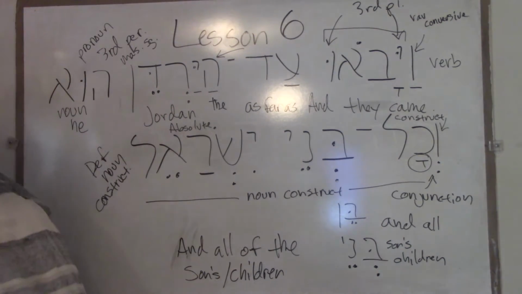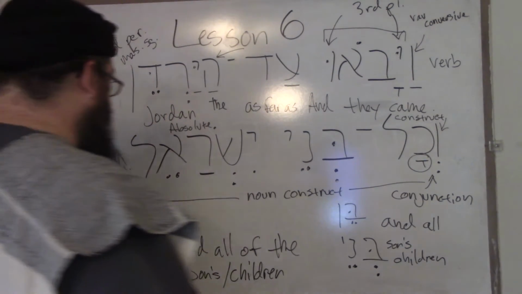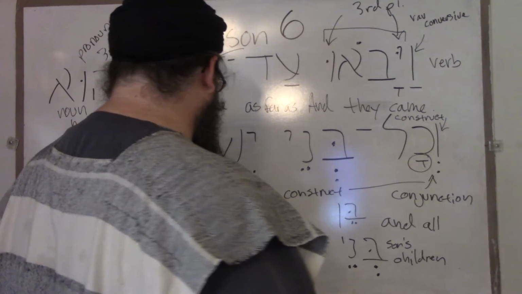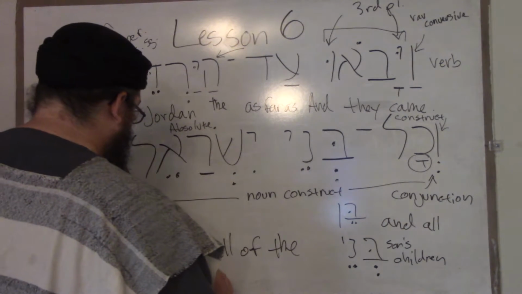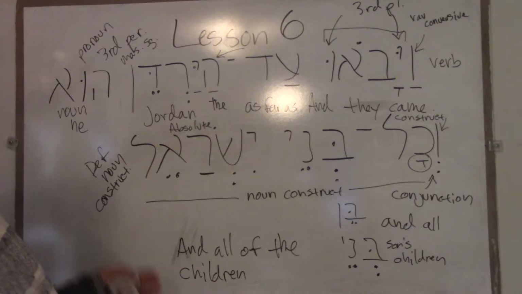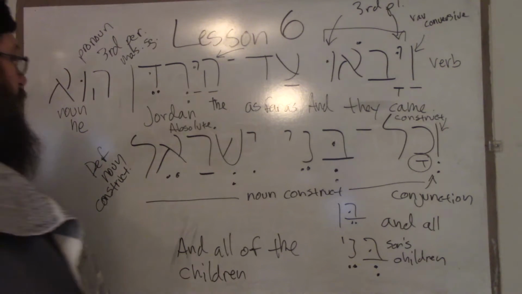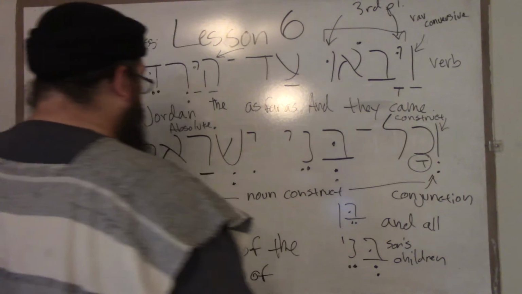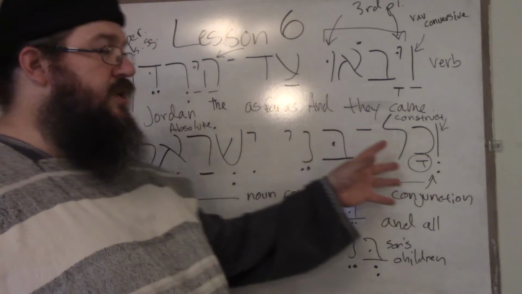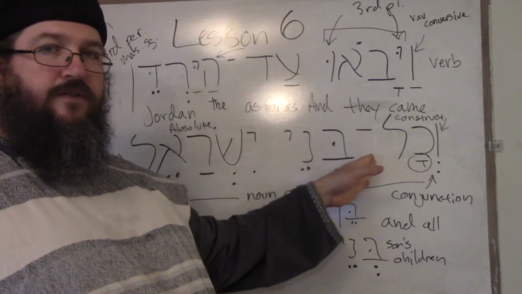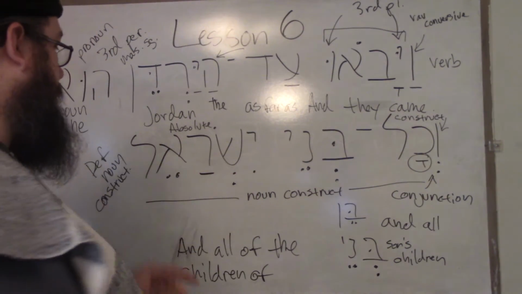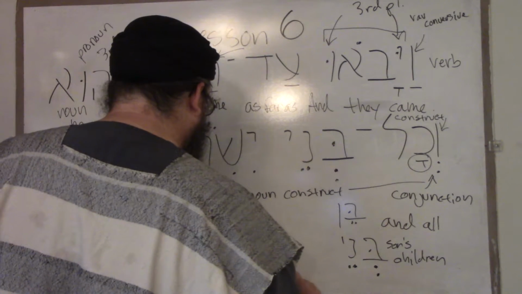Here in this case we're going to say children because the context is going to be referring to the whole group by which boys and girls are being referred to as a whole. All of the children, and then now we have, once again, our of. Okay, notice we're going to have to add two ofs into this statement because we're referring to all, and then once again, of the children of, and then lastly our absolute. And this is Israel.